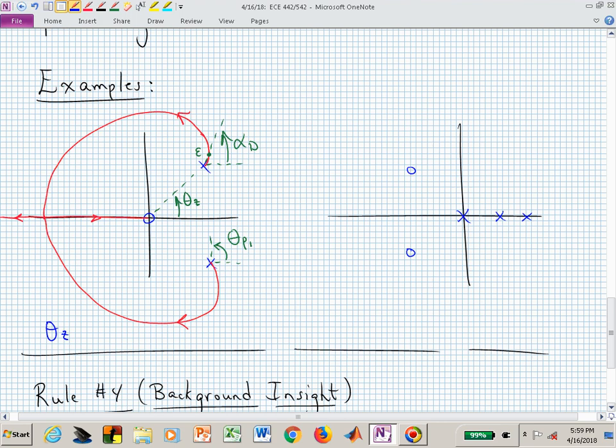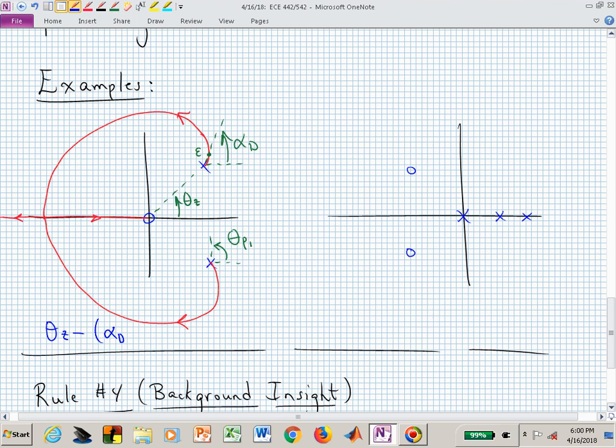We have the sum of our zero angles minus the sum of our pole angles. And the reason I'm going an epsilon distance away is that now I can measure the angle contributed by that pole in the first quadrant.